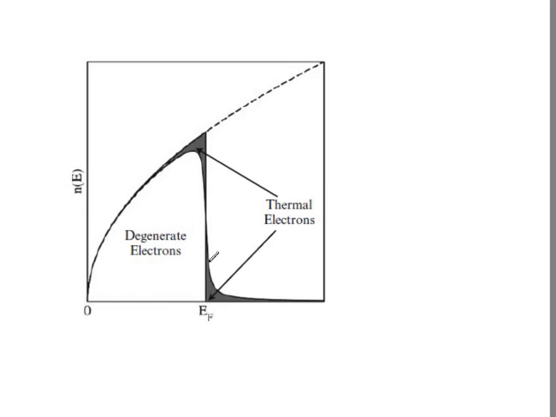This vertical line indicates the number of filled states at T equal to 0, and the shaded area indicates the number of electrons that can contribute to the thermal energy of the gas at finite temperatures. Now the amount of extra energy is about 3/2 kBT.